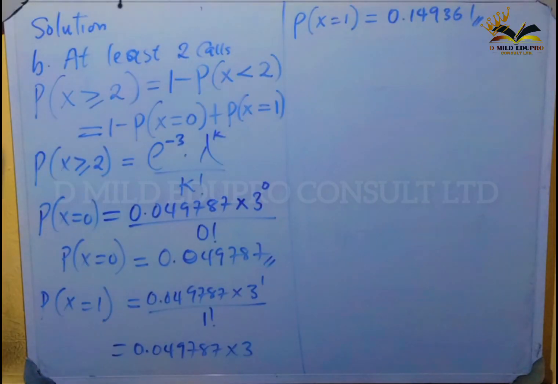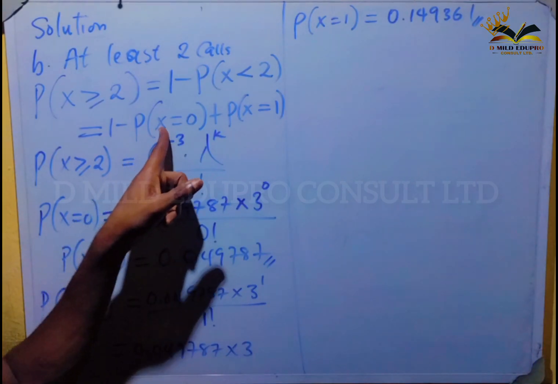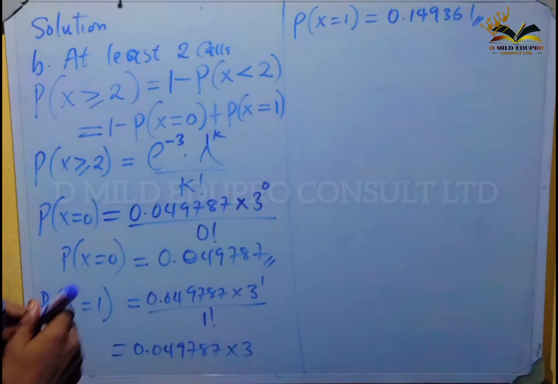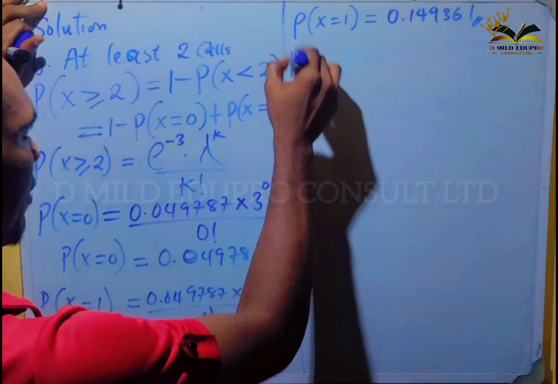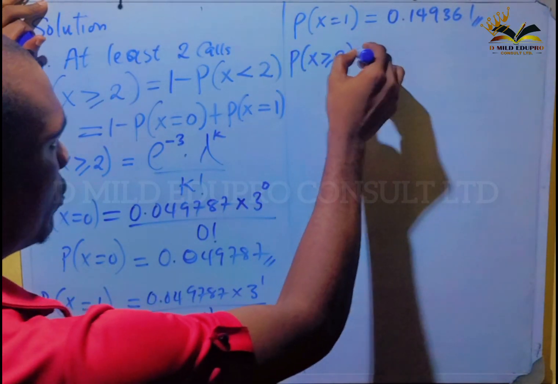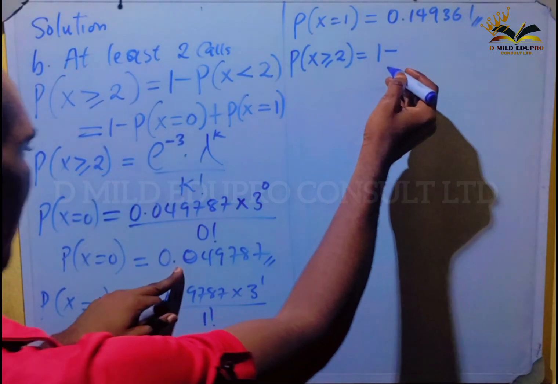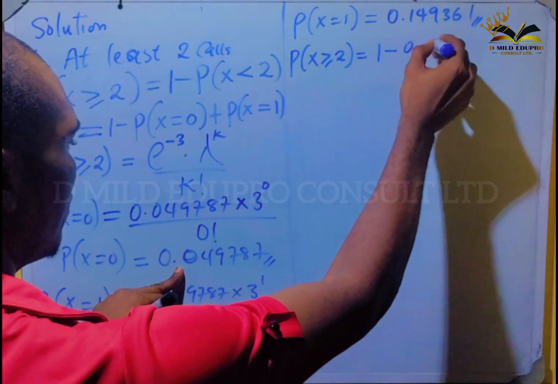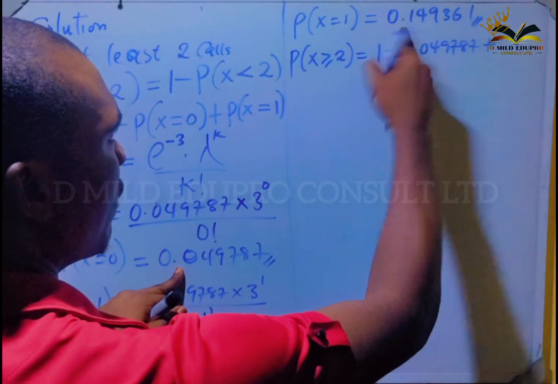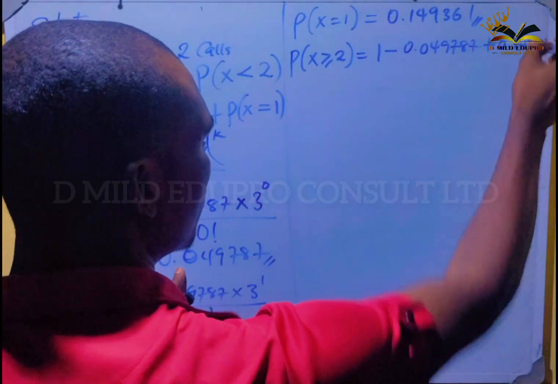Now we've gotten what we are looking for, for k equals 0 and k equals 1. So we add it together and subtract it from 1, which means probability of x greater than or equal to 2 will now be 1 minus, for our 0 we had 0.049787 plus, for 1 we have 0.149361.